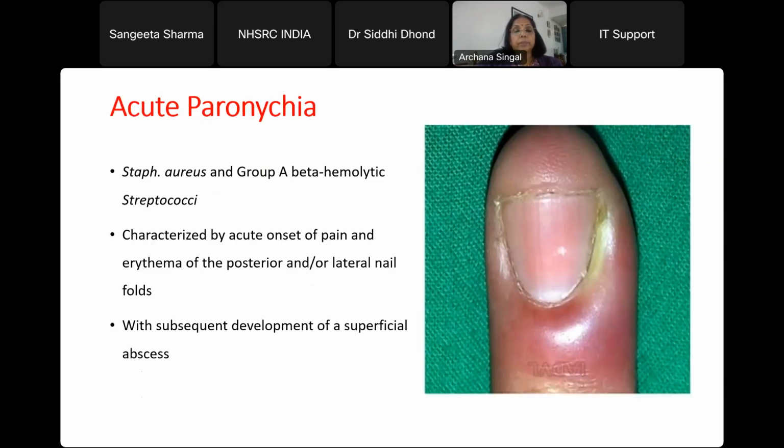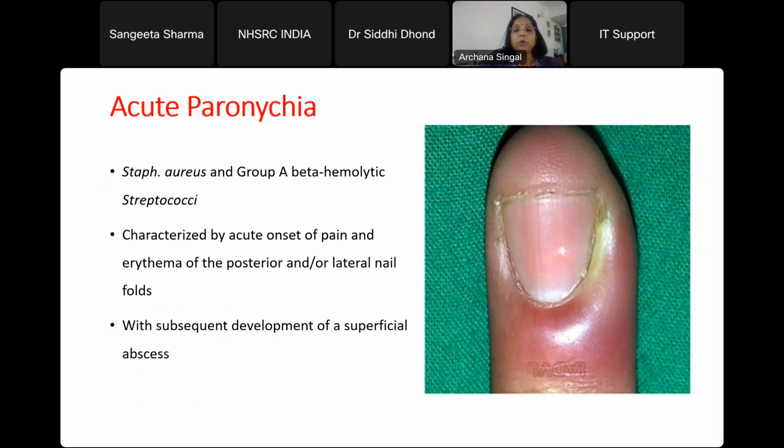Next. So this is acute paronychia. You can see there is a swelling, and this is so painful that the patient can land up in the emergency in the middle of the night also. It can be caused by both Staph aureus and group A beta hemolytic streptococci.